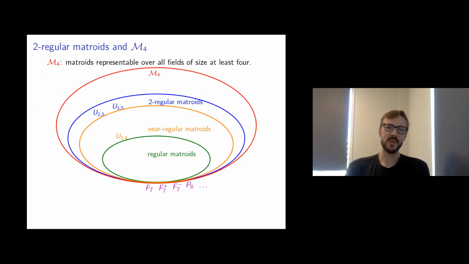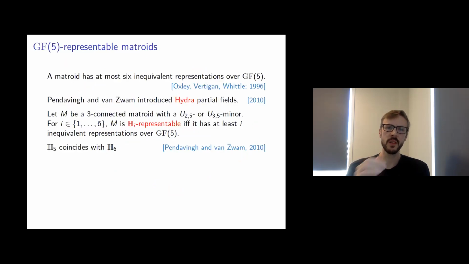But in fact, it turns out that they're a proper subclass of M4. So finding a characterization for this class doesn't yet give us a characterization for M4, but it's a useful step along the way. Okay, so that's two regular matroids.